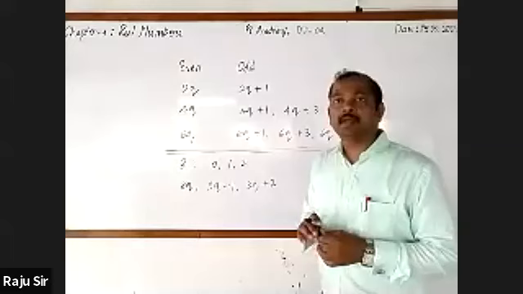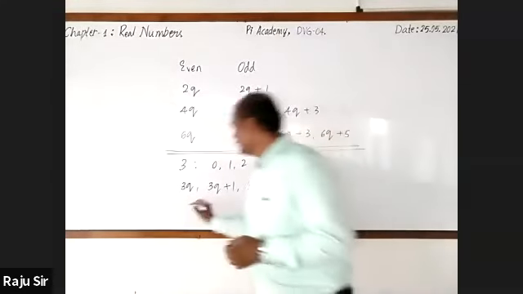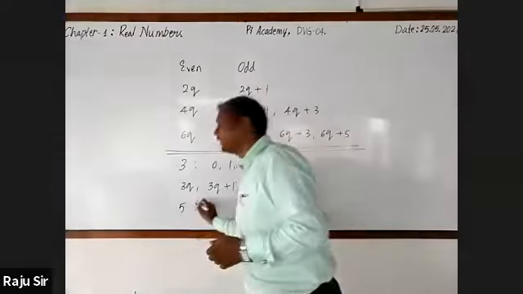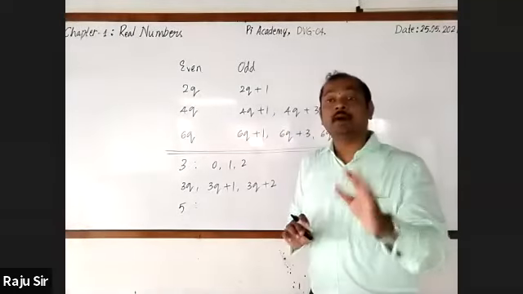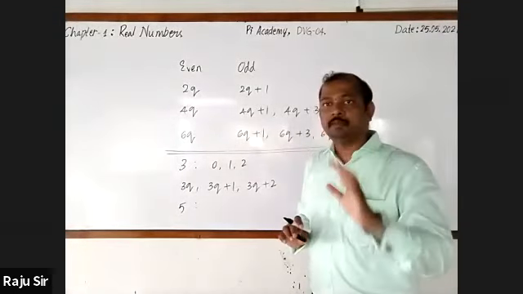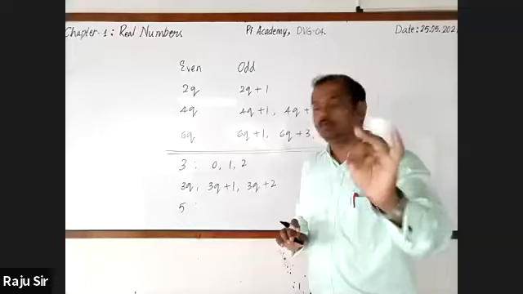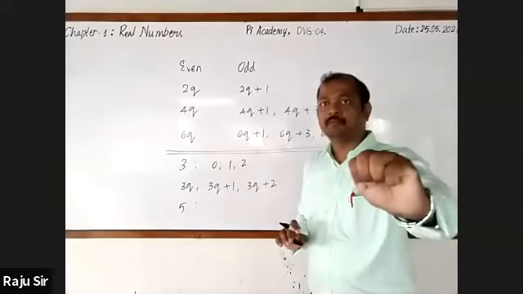If a number is divided by 5, the possible remainders will be 0, 1, 2, 3, and 4.